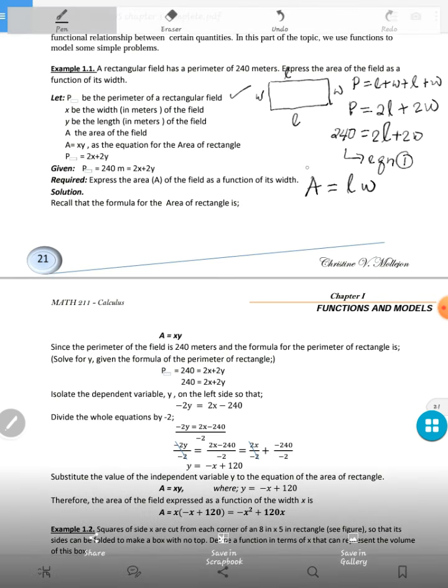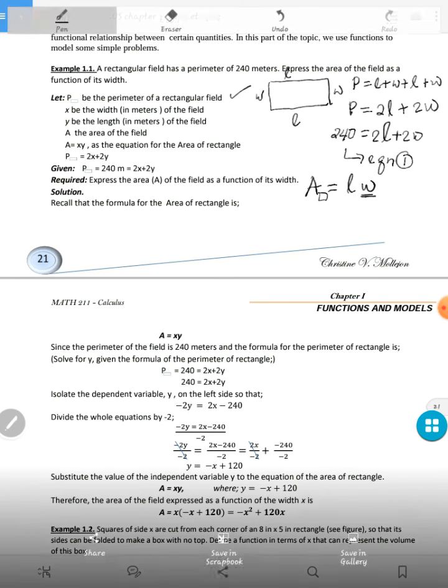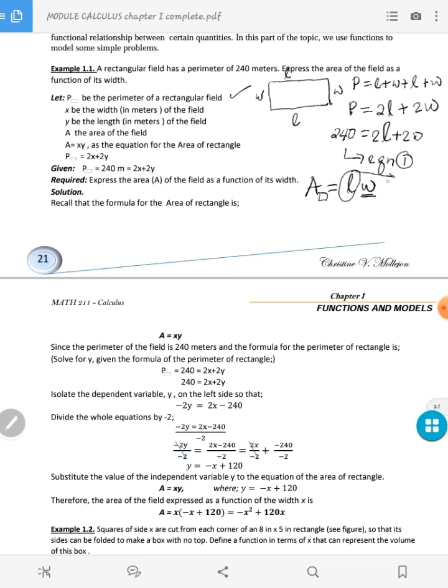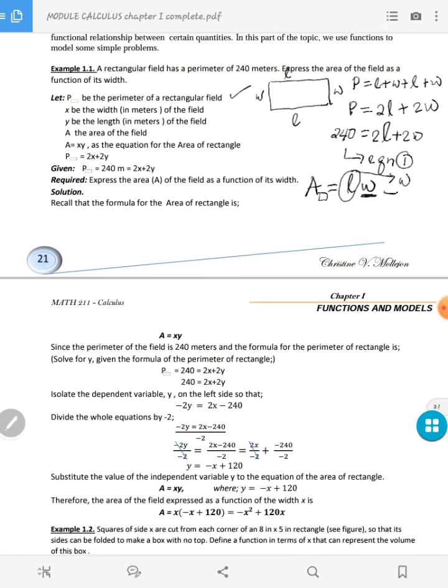So we need to get the area of the rectangle in terms of width only. So we need to find a way to express the length also in terms of width, because what is given and asked in the question is the formula for the rectangular field in terms of width. Let this be our equation number 2.